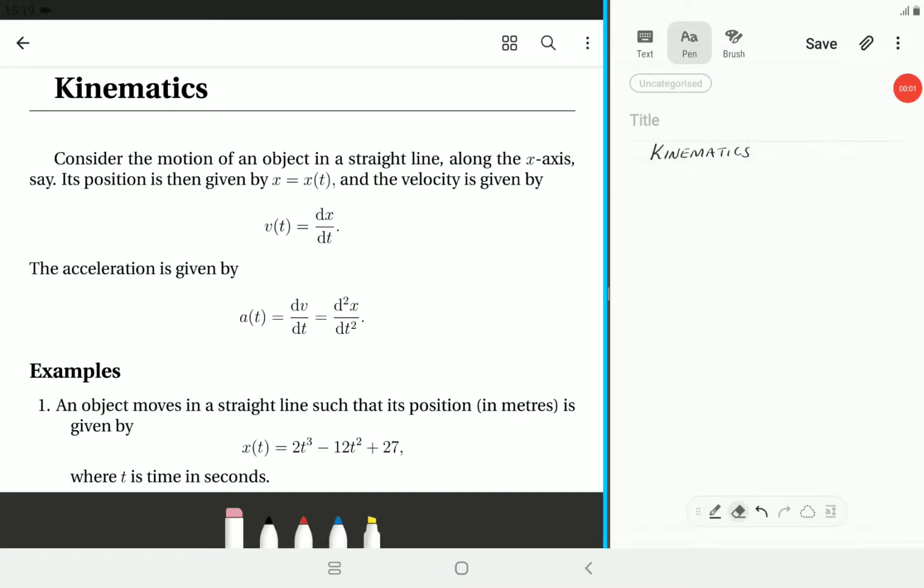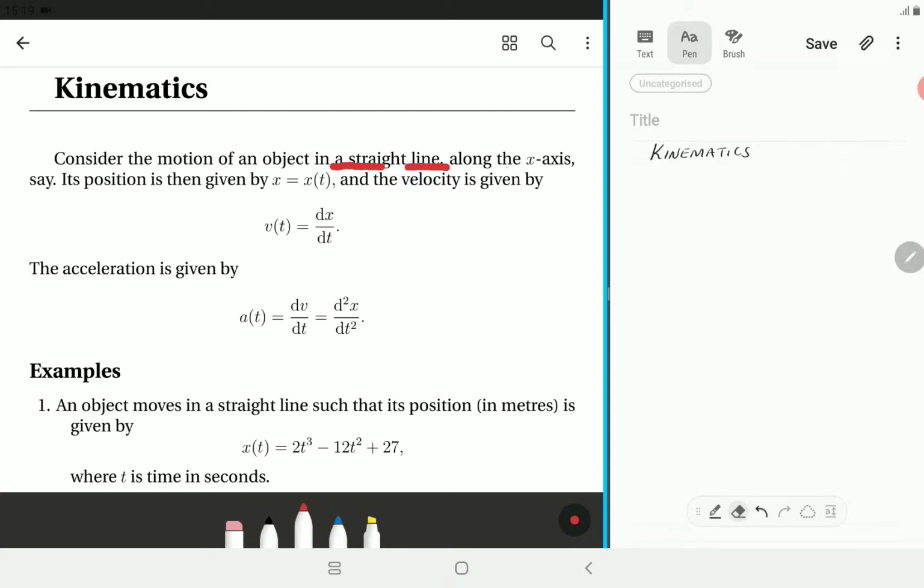Okay, in this video, we're going to look at an application of calculus to study kinematics. In particular, we're going to look at the motion of an object in a straight line.